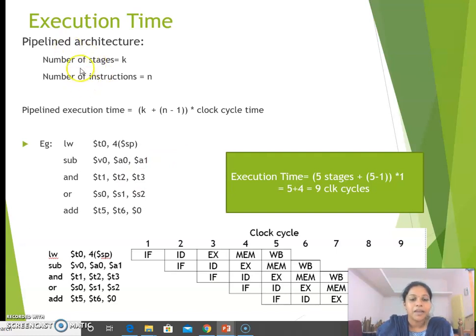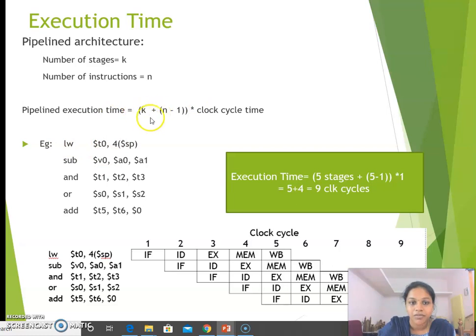In case of pipelined architecture, the formula for calculating the execution time is (number of stages plus total number of instructions minus 1) into clock cycle time. Let us substitute the values. The total number of stages in the MIPS instruction set architecture that we have seen is 5.